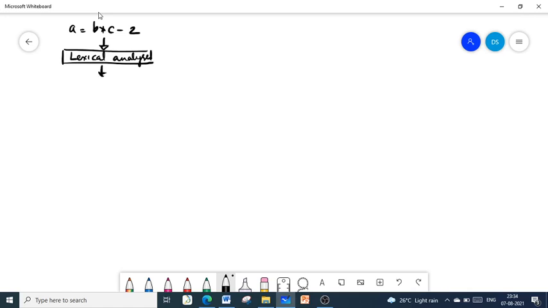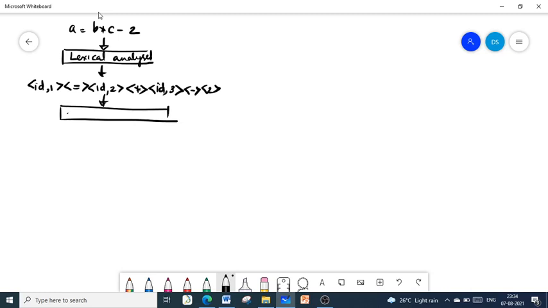The output will be tokens: id comma 1 equals id comma 2 star id comma 3 minus 2. That will be given as the input to the syntax analyzer. It will produce a syntax tree like this: equal to id1, minus, multiplication, 2, id2, then id3.